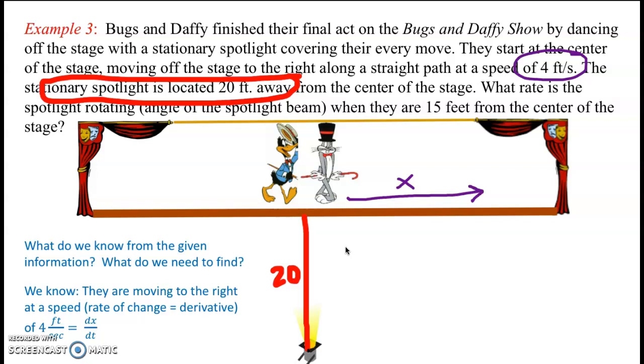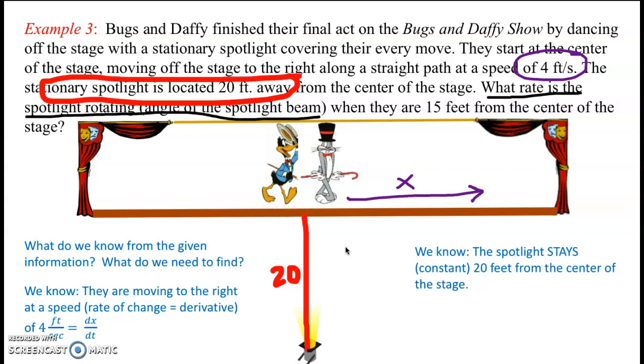It is stationary and it's not going to move from that 20-foot position. The only thing that's going to happen is that the light is going to rotate. So they're asking me at what rate the spotlight is rotating, the angle of the spotlight beam, because the spotlight is being rotated to keep the beam on Bugs and Daffy as they dance off to the right.